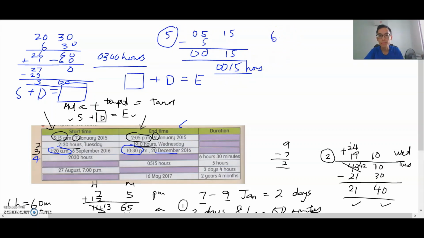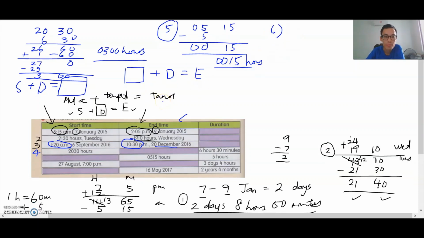Okay, number 6. You need to look for the end time. So you take the starting time and then you plus the duration. Okay, starting time is, you write the month and the day. Okay, starting time is August 27. And then the hour is 7 p.m. You can write minute also, minute is 00.